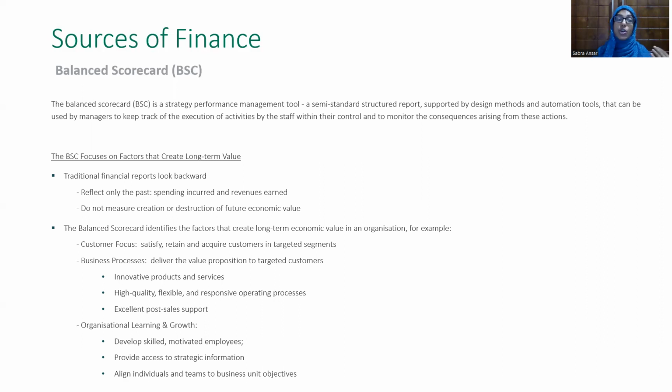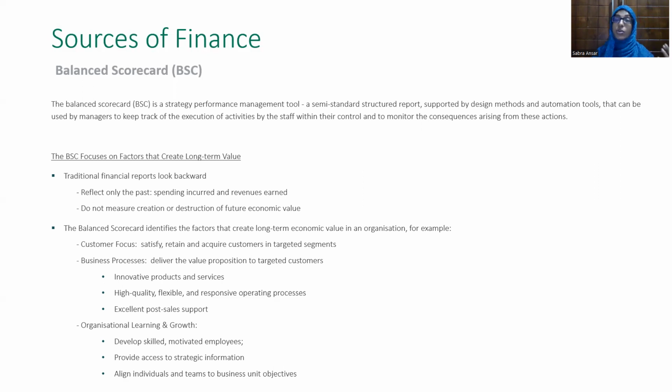Here we'll be talking about traditional financial reports, which look backwards; traditional ones always look at the financial side. They reflect only the past, where spending incurred and revenue earned are included, and we will not be measuring the destruction of future economic value. We need to understand that.